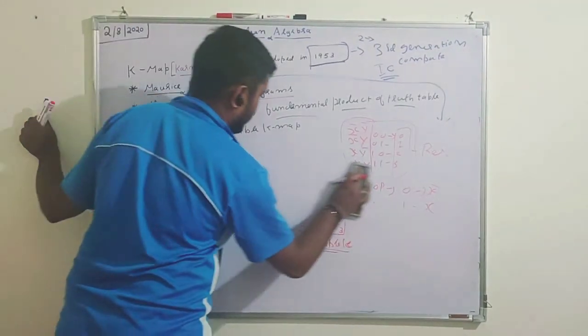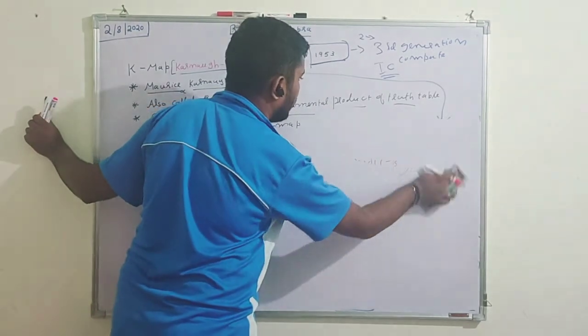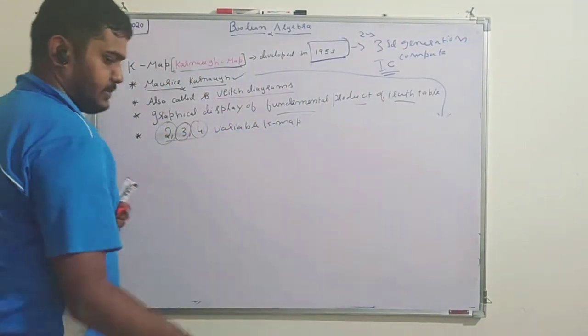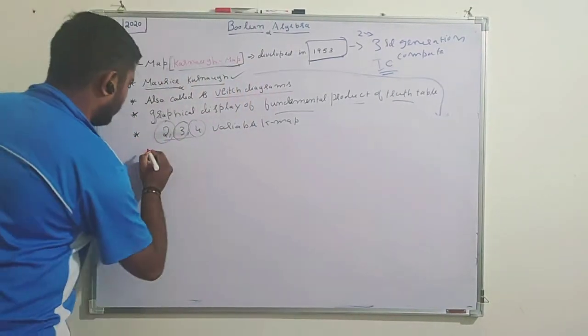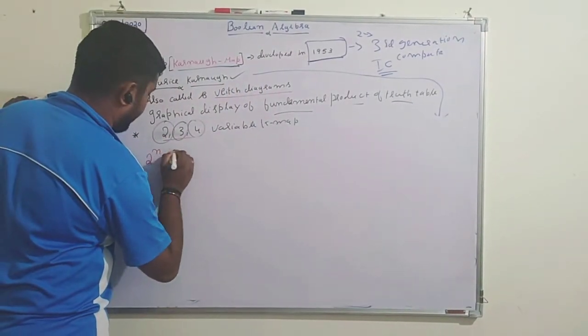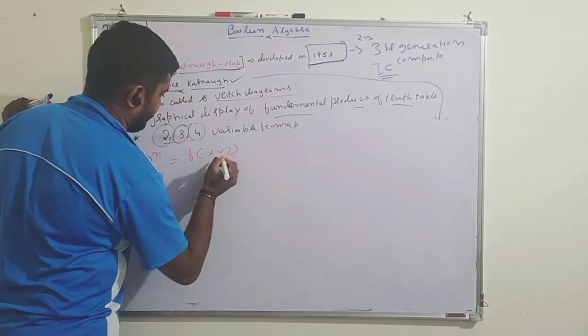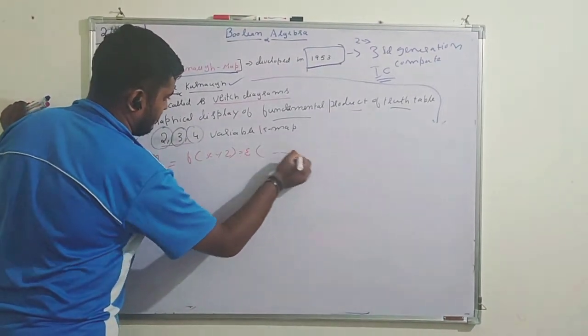So now let us draw the three variable K-map. I am going to show you how I draw the K-map and how I multiply them. Clear? So now three variables, 2 to the power of n. My function will be f of x, y and z equals sigma of some numbers.